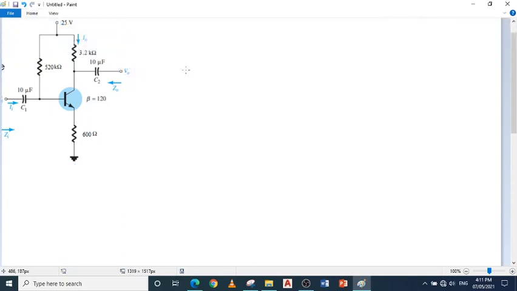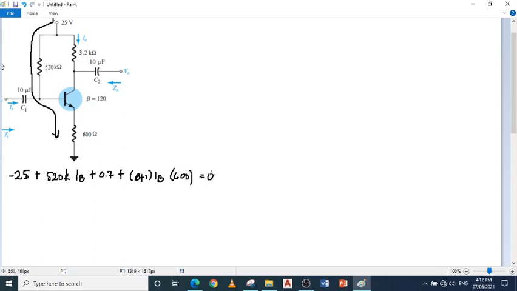Okay? So, by applying KVL outside, applying KVL here, so we have negative 25 plus 520 kilo, and that is IB, plus 0.7 plus, diretsuhin ko na to, (beta plus 1) IB times 600 equal to 0.